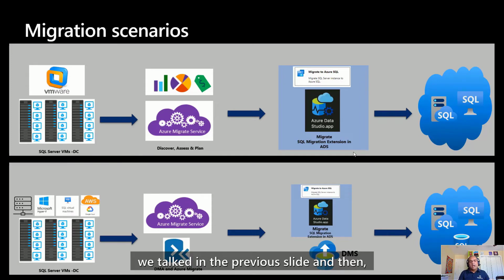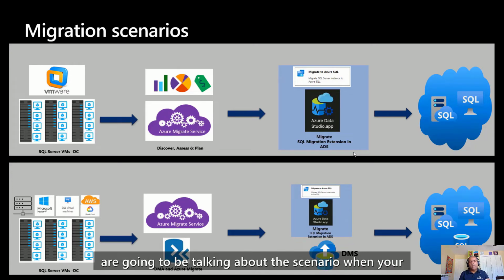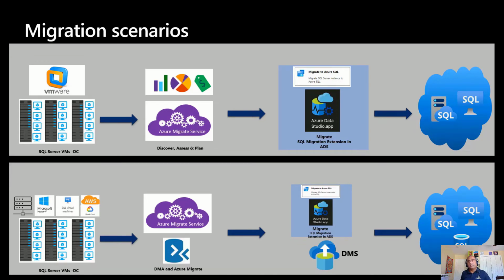And if SQL servers are not hosted on VMware, if they are on physical servers or bare metal, or hosted on Hyper-V, or in any other clouds like AWS and Google Cloud, then we will take a slightly different approach to discovery and assessment, as well as migration. These are the two specific scenarios that we are going to deep dive into. And first, we are going to talk about the scenario when your SQL servers are running in the VMware environment.